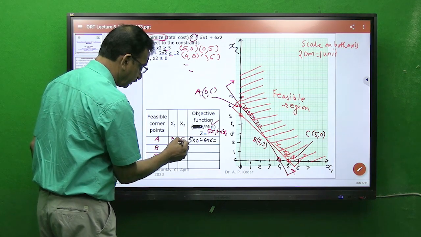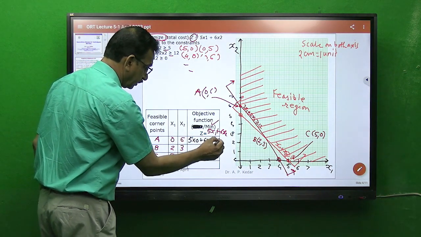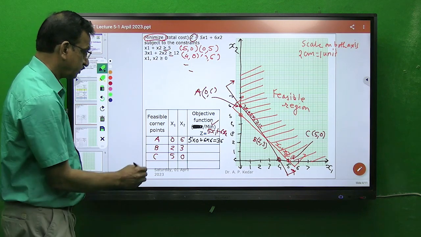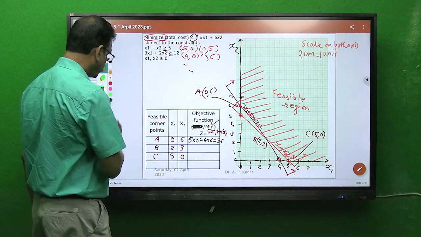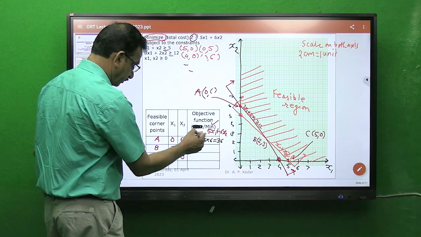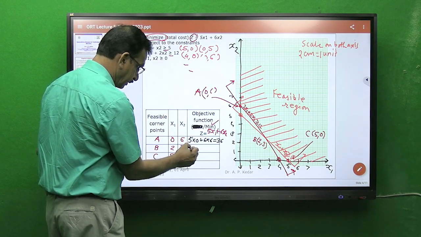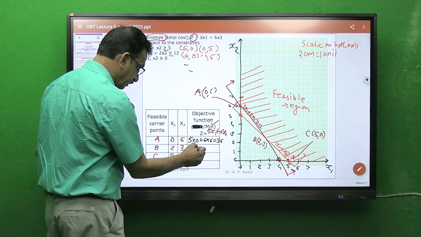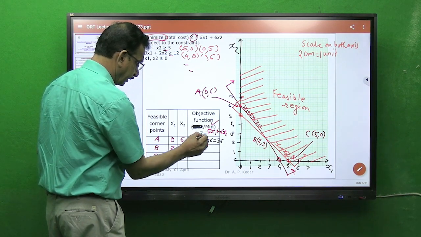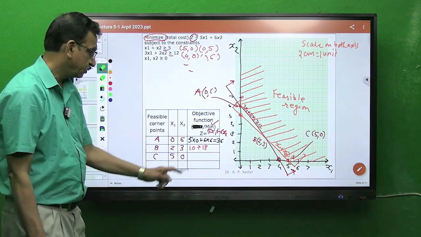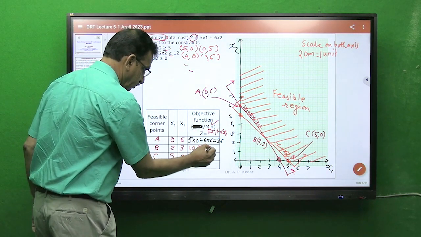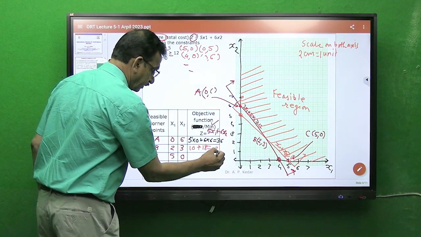So this comes out to be 0 and 6 are 36. Similarly for this, it will come out to be 2 5s are 10 plus 6 3s are 18. 2 5s are 10, 6 3s are 18. So this turns out to be 28.